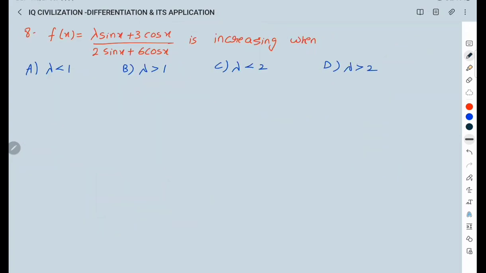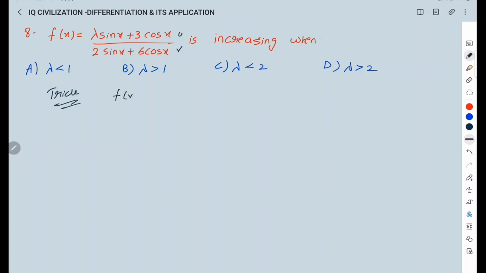See, here we need to find the increasing of the function. So f of x equals lambda sin x plus 3 cos x by 2 sin x plus 6 cos x. This kind of question is always confusing, because whenever we need to find increasing, what is the regular method? We have to find the derivative. Since this is u by v form, the derivative will be too long, vu dash minus uv dash by v square. So here is a small shortcut trick.